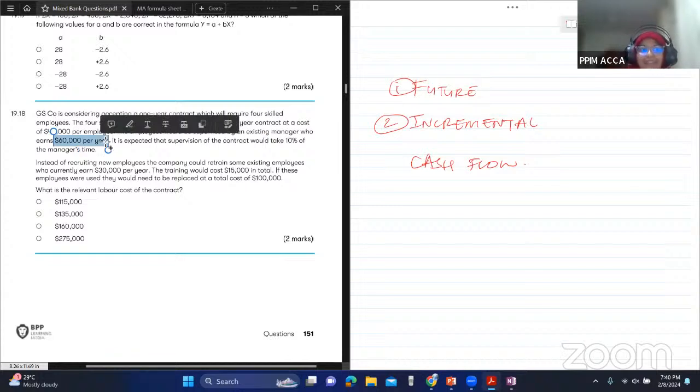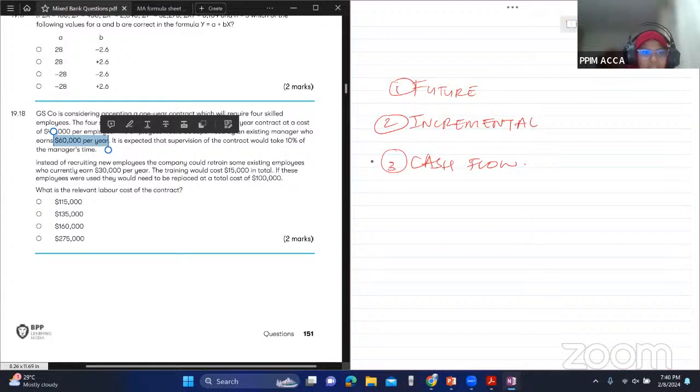So there is no increase in his payment. So the 60,000 is not incremental. Whether you take the contract or not, 60,000 has to be paid. So that can't be a relevant cash flow. So incremental means only after you take up the contract, you will have to incur that cost. Thirdly, it has to be a cash flow. It can't be something like depreciation, which is just an accounting adjustment. It has to be a real cash flow.